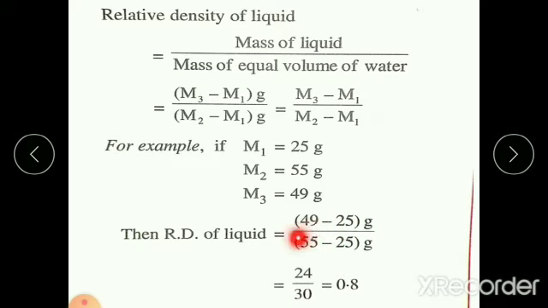Then m2 minus m1: m2 is 55, minus m1 which is 25. Gram and gram get cancelled. So you will get 24 divided by 30. That gives you 0.8. So the relative density of that liquid is 0.8. This is how you find the relative density using the relative density bottle.